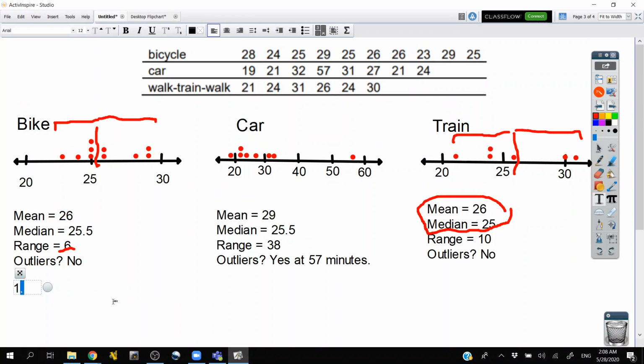So I would have argued this first one, the bike, is James's best mode of transport.